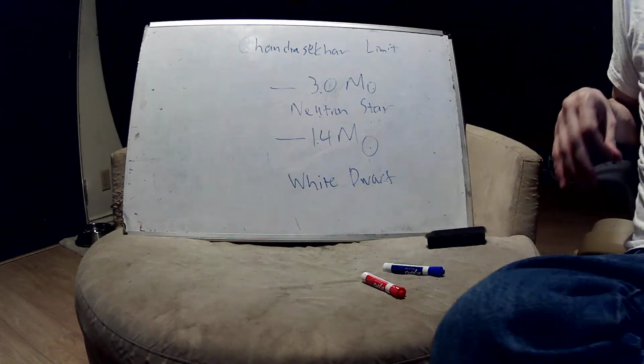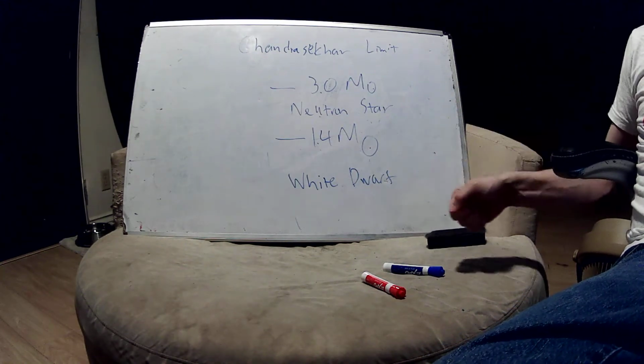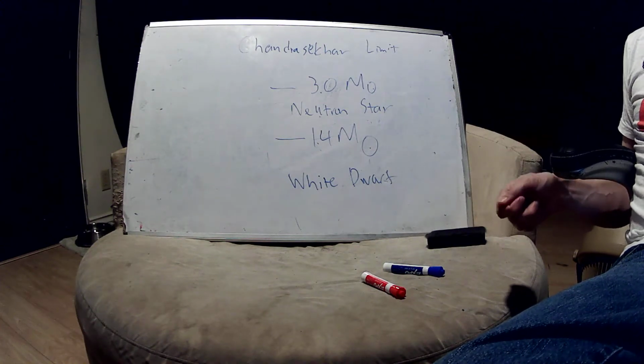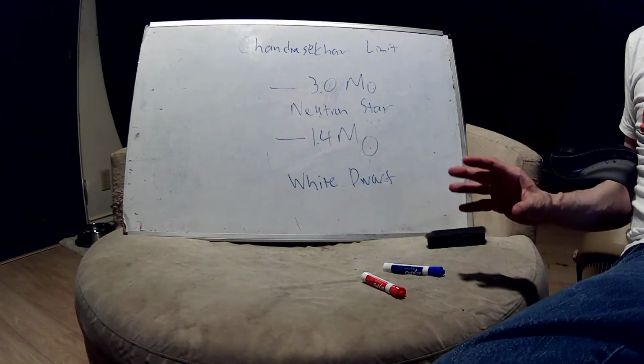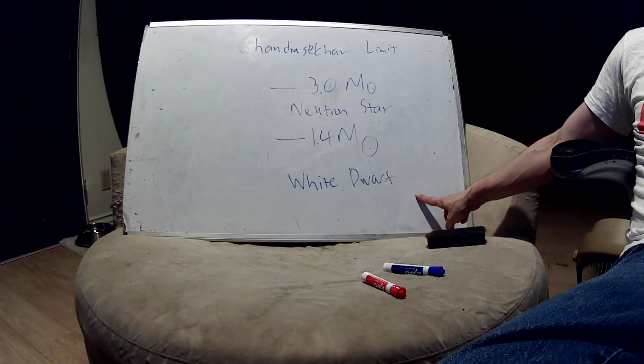But if you took a teaspoon of neutron star material, it would have the same mass of Mount Everest. It's incredibly dense, even compared to other degenerate matter. It's just crazy talk, right?